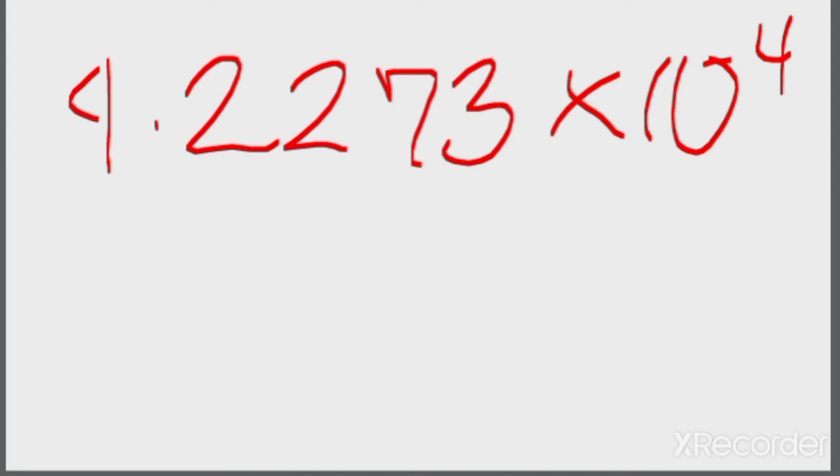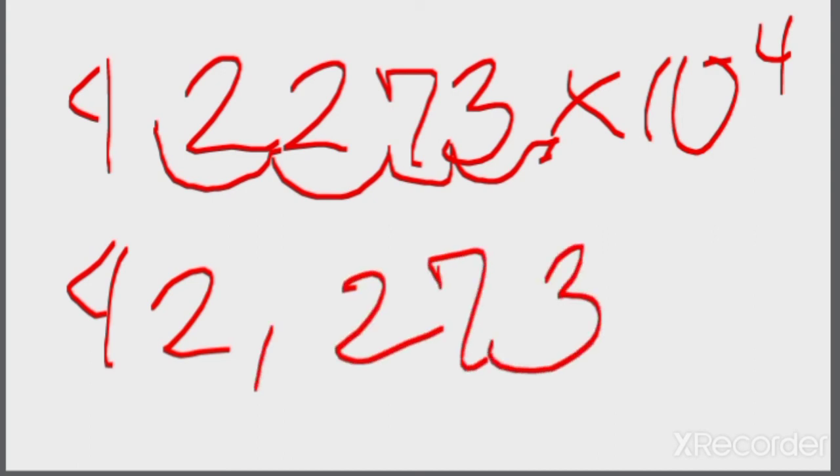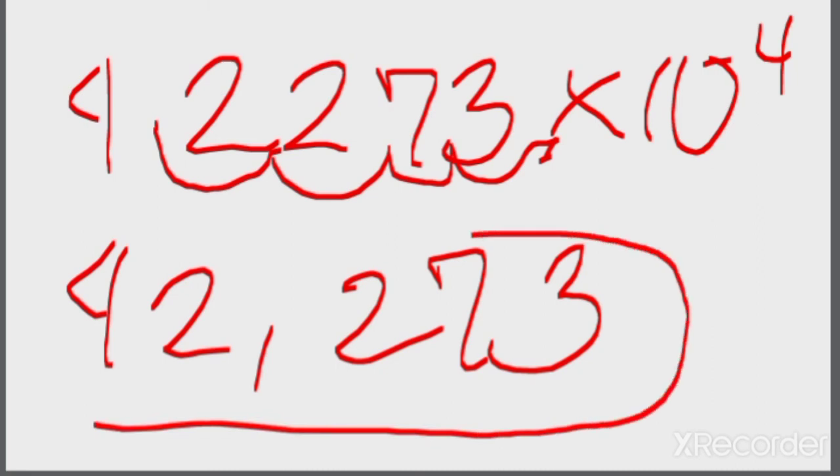So as what we have done in the first example, we just move the decimal to the right. So from here, we move the decimal to here. 1, just count, 2, 3, and 4. So here is our decimal. So our answer is 42,273. This is our standard form.